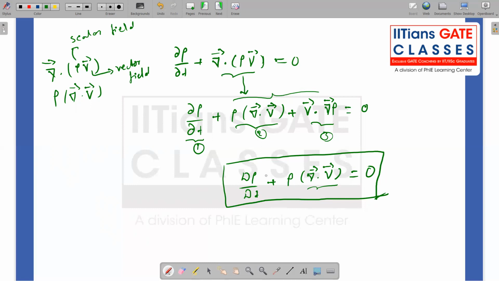So it has no temporal variation as well as no gradient, because a gradient of a constant is zero. So it is not varying either in space or in time. These two terms become zero, and the only term left in this equation is rho times del dot v, which is equal to zero. Because rho is constant, to hold that condition, the divergence of the vector has to be zero in incompressible limits.